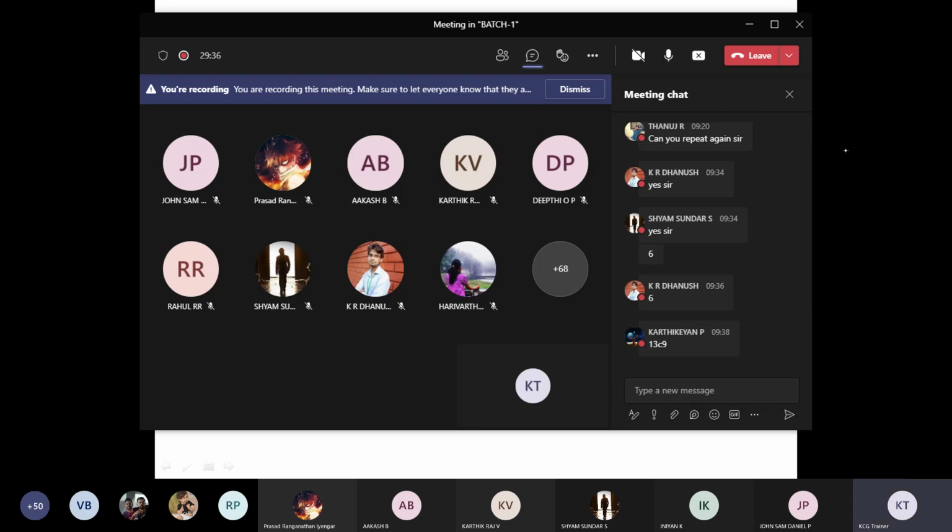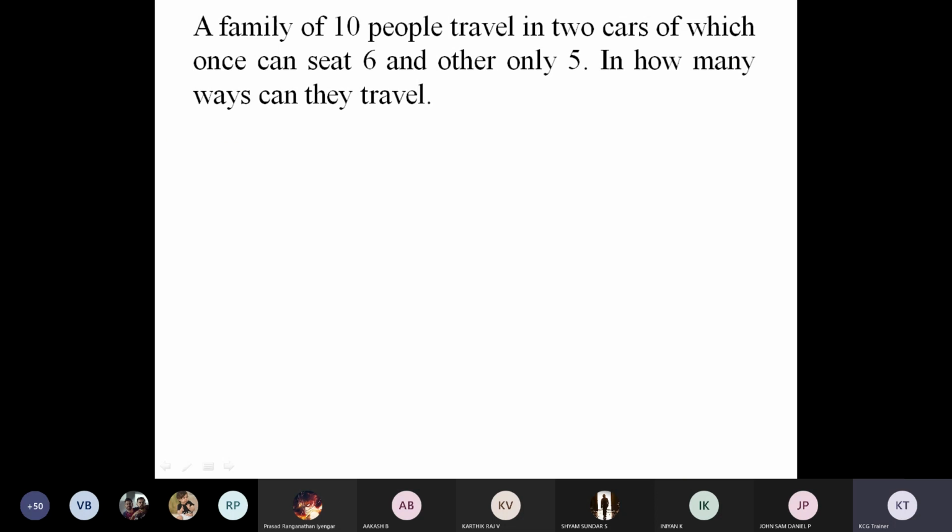See, I'll tell you. We need to take that any one car should reach the maximum capacity. So how would it be possible?